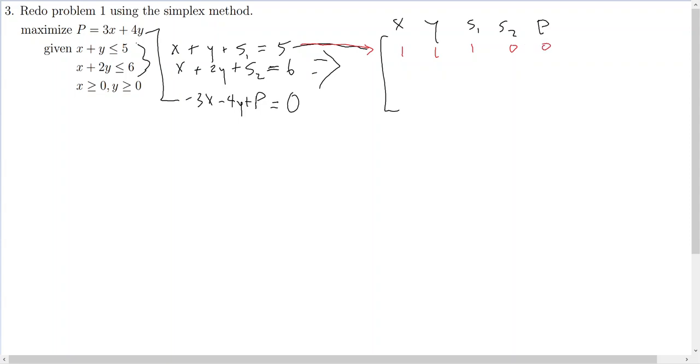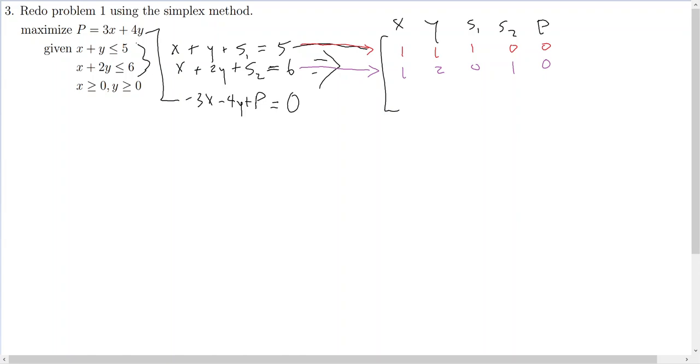And then this second equation gives me a 1 for X, 2 for Y. There's no S1, so it gets a 0. There's an S2 with a coefficient of 1. And then there's no P, so it gets a 0.